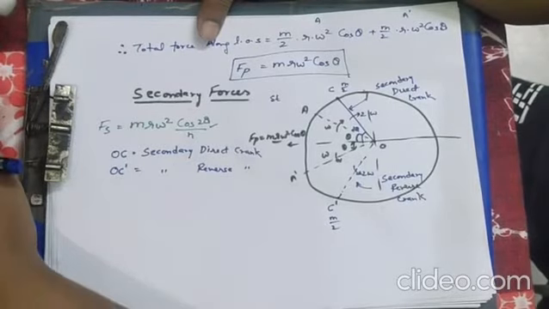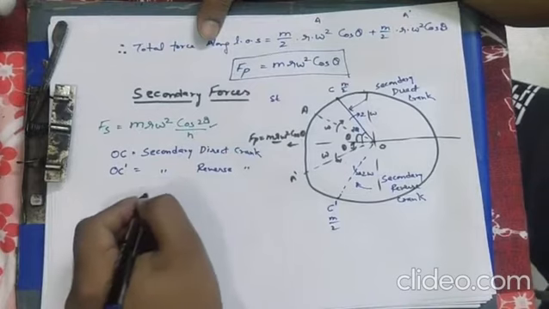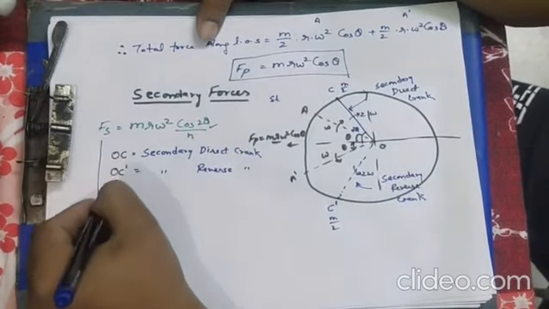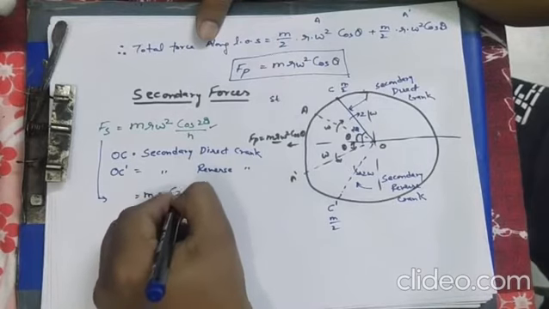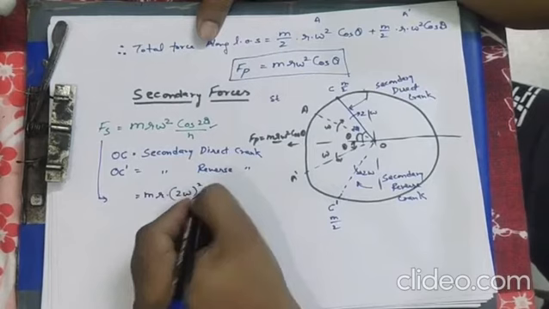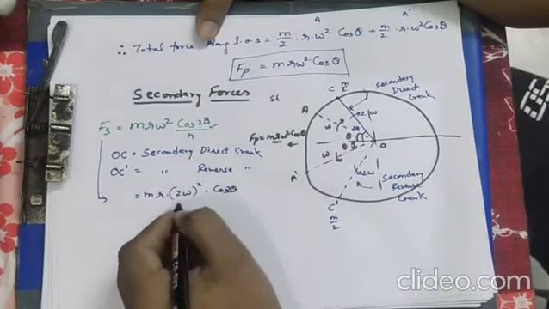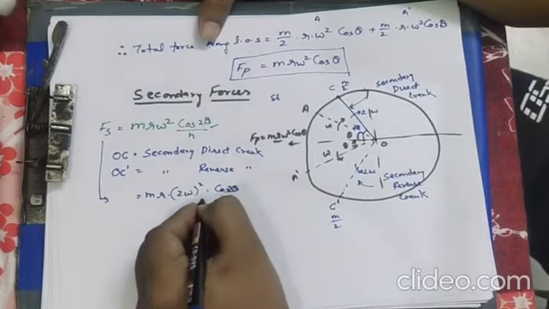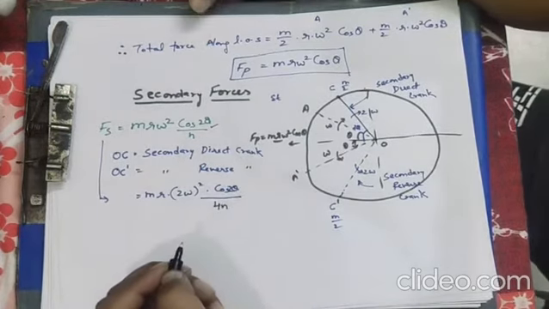So now this secondary force can be written as m r, the speed is 2 omega square cos 2 theta. So since we have added 4 on the numerator, so we will divide it by 4 also.